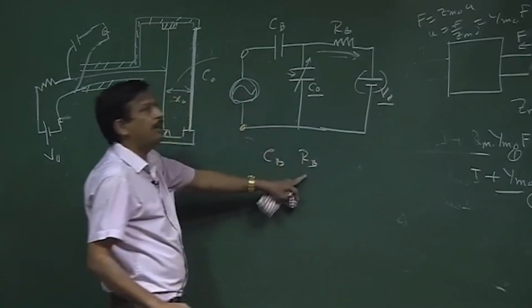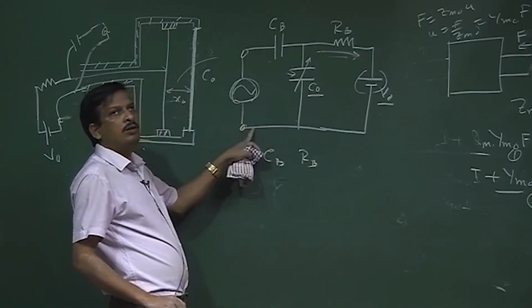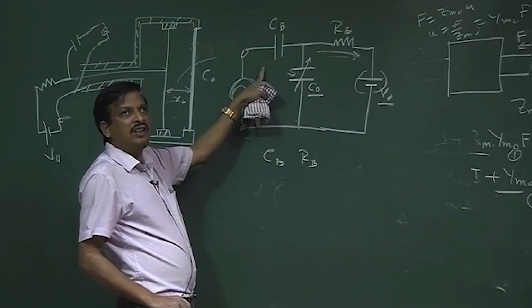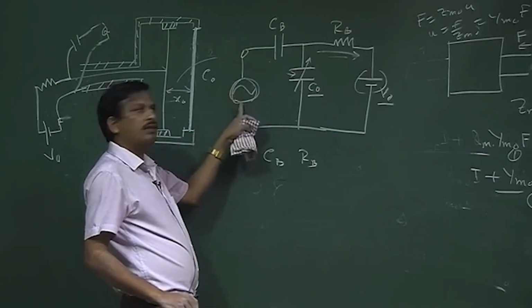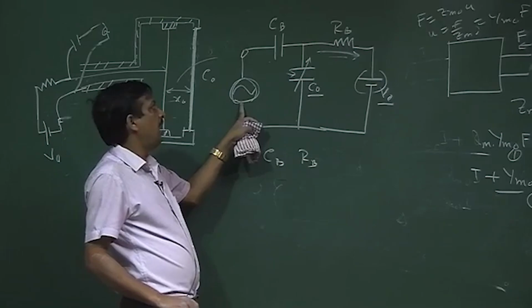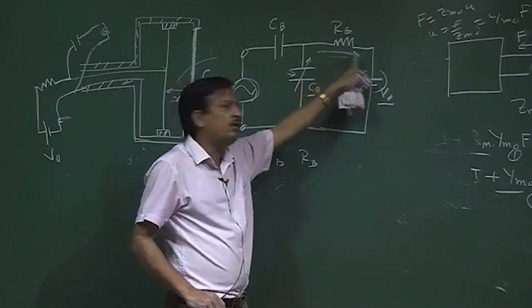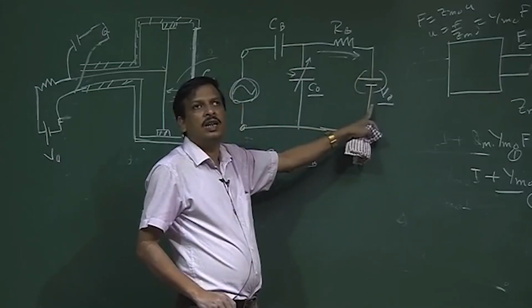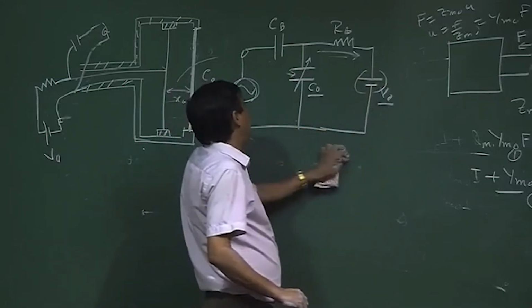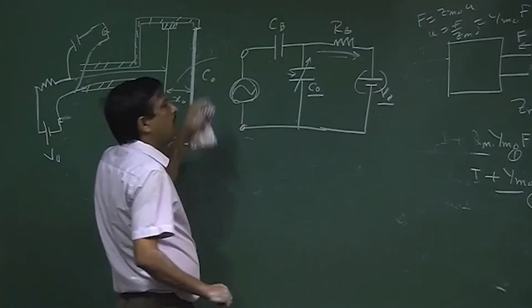So, RB and CB are required: CB blocks the DC shift from entering the applied signal, and RB prevents the signal from being lost on the other side.